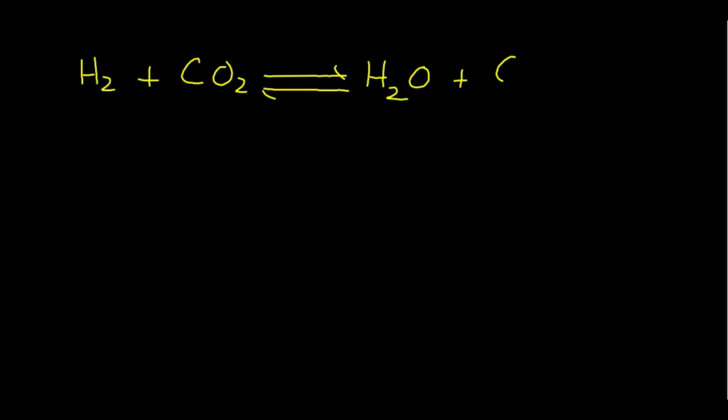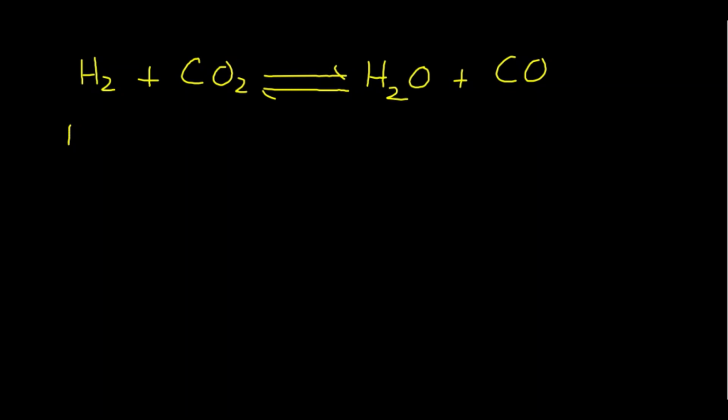Hydrogen on reaction with carbon dioxide in a reversible reaction, right students, and here we get steam, that is H2O gaseous form, as well as carbon monoxide. Right students, we are asked to determine the unit of equilibrium constant for this reaction.